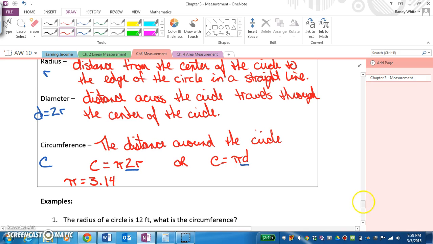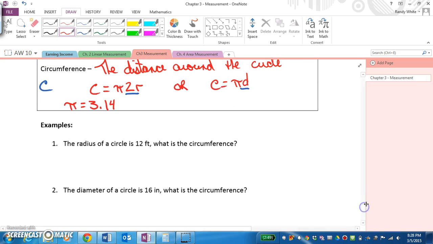Alright? So let's take a look at an example here. The radius of a circle is 12 feet. So I'm dealing with radius, so I'm going to use our first formula here. The circumference will be calculated by pi times 2 times the radius. So in this case, it's going to be pi times 2, and my radius is 12 feet.